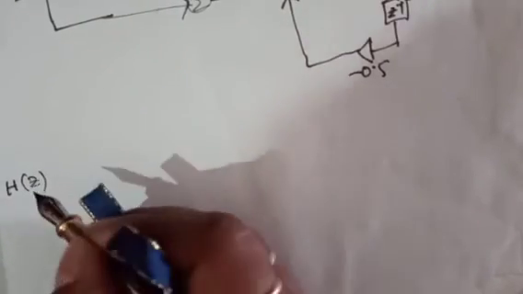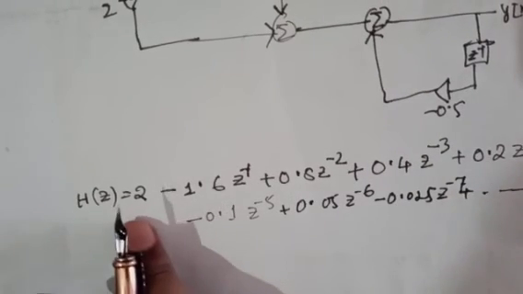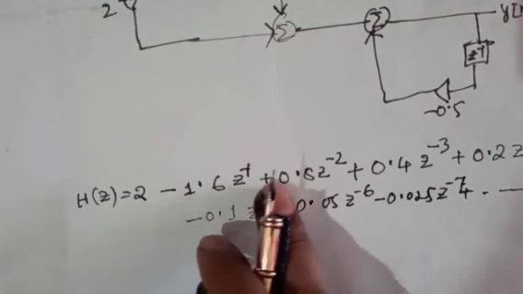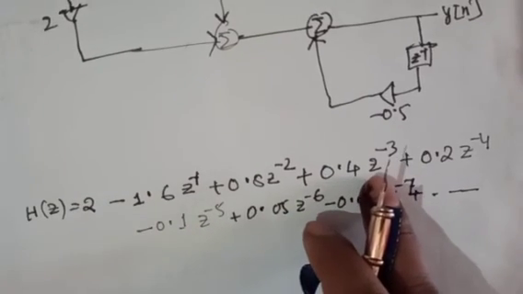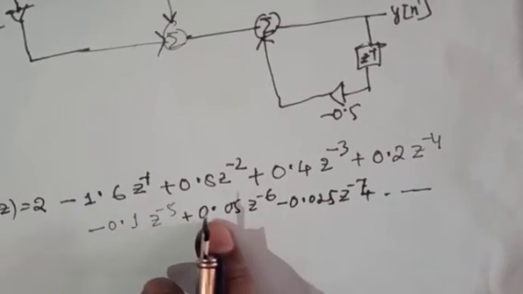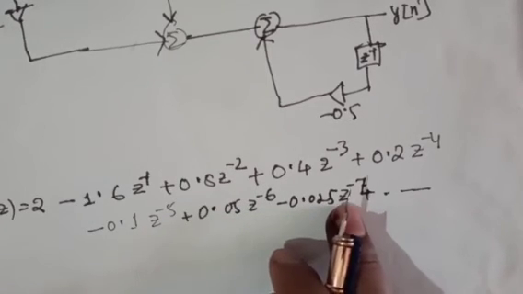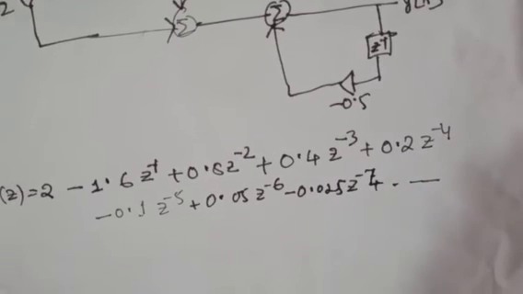H(z) will be equal to 2 − 1.6 z⁻¹ + 0.8 z⁻² − 0.4 z⁻³ + 0.2 z⁻⁴ − 0.1 z⁻⁵ + 0.05 z⁻⁶ − 0.025 z⁻⁷, and so on. So you will get an infinite length polynomial.